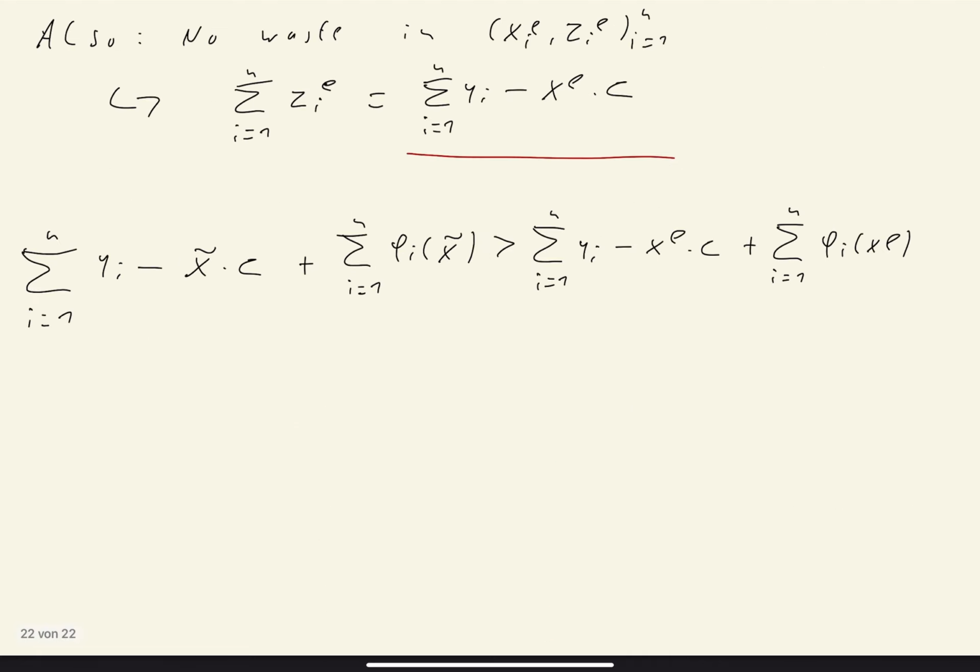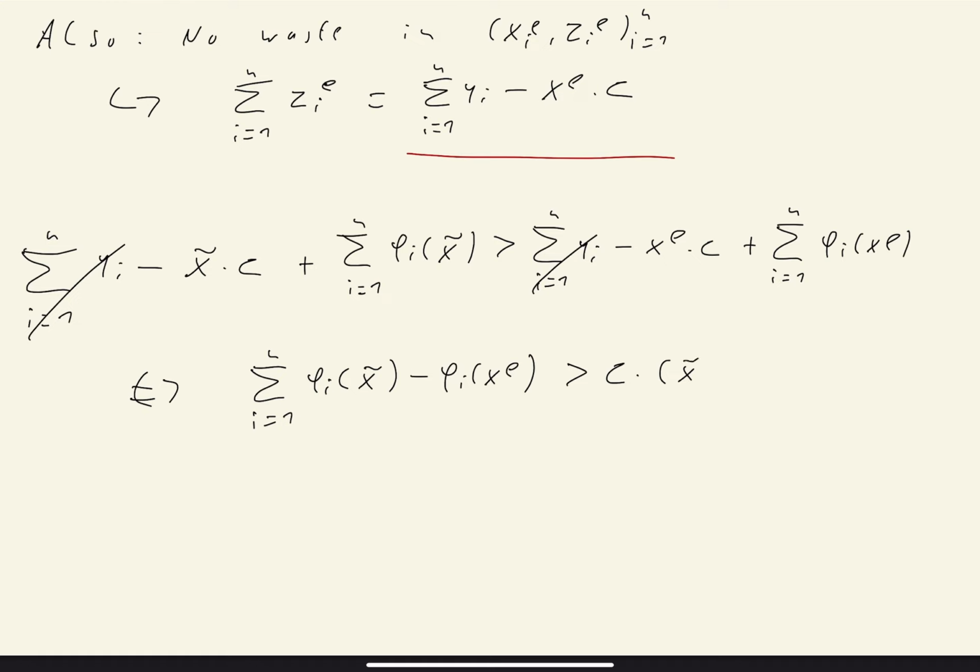Okay, so now as you can see, some stuff cancels out, and if you rearrange this, what you end up with is the following. This inequality reduces to: the sum of individual utilities under the tilde allocation minus the E allocation is strictly larger than C times the amount of the public good under the tilde allocation minus the amount of the public good under the E allocation.